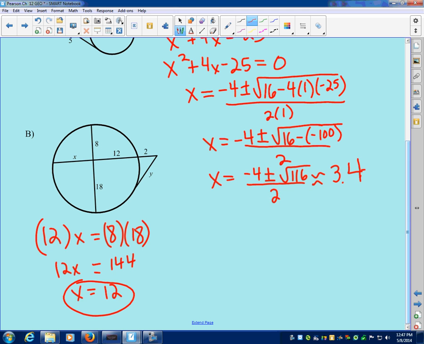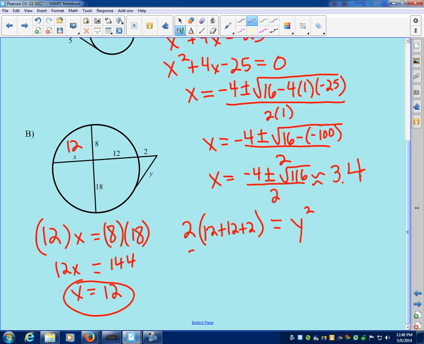Why is this a new theorem? So if this is 12 right here, we know the outer segment times the whole thing. What's the whole thing here? Not quite. Let's write it out. 12 plus 12 plus 2. Oh, 26. 26 is right. Equals the outer segment over here, this tangent, times itself, which ends up being y squared.